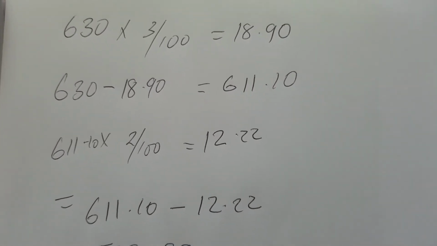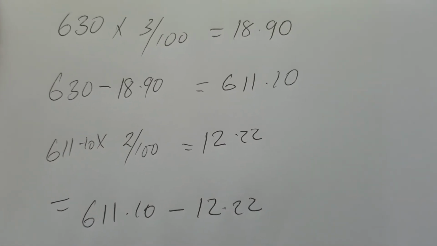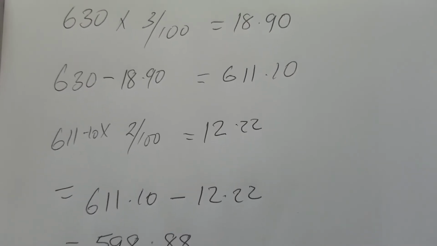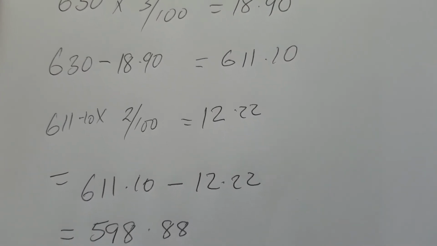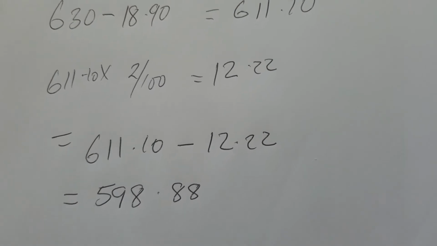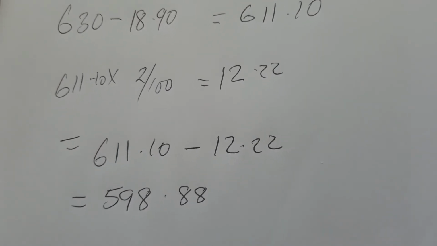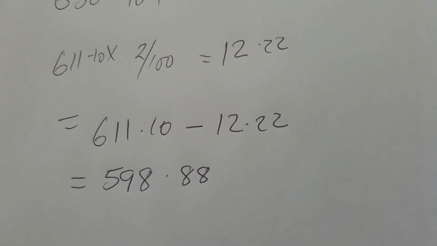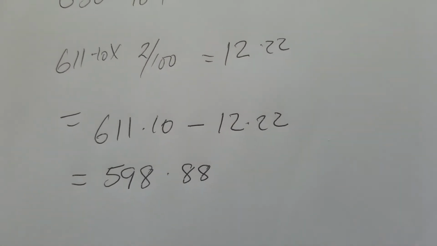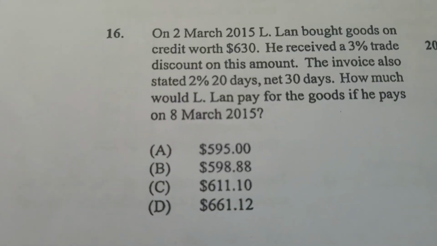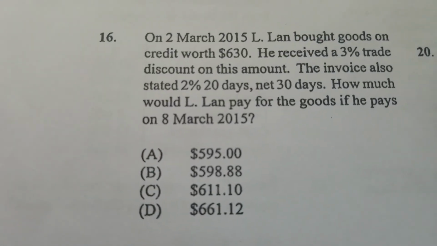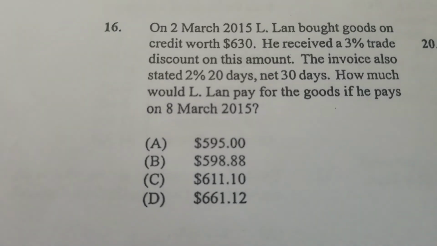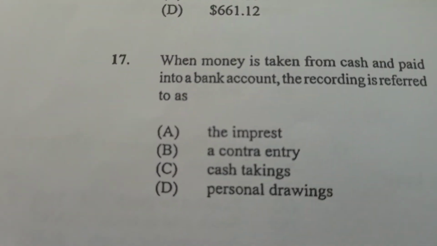We subtract the $18.90 from the $630 to give us $611.10. We find the 2% of it, which will be $12.22. Subtract it from the $611.10, and our answer is $598.88. So there you have it. B would be the appropriate answer in this case, $598.88.